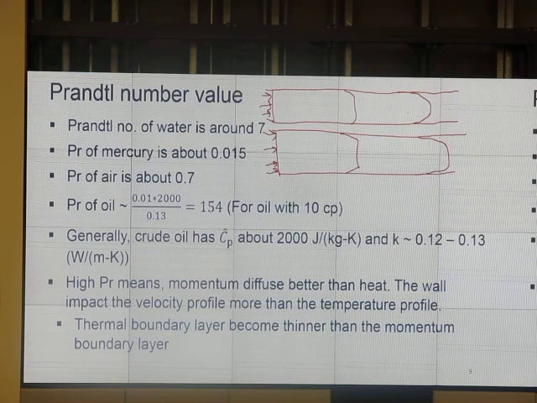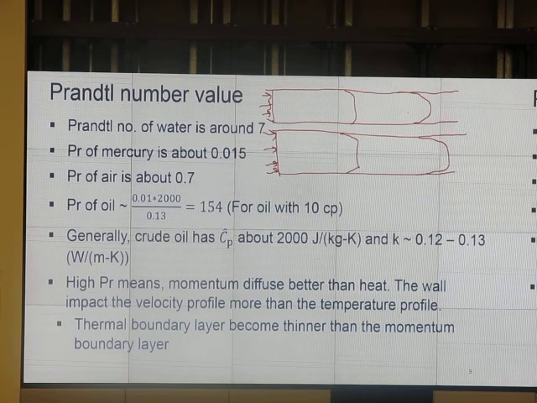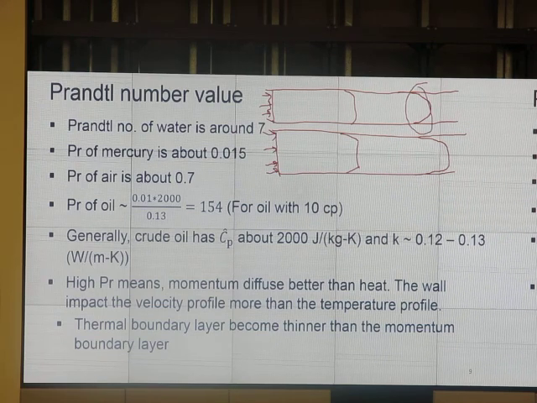Okay? Yes, it is important, especially in the lab. For the case of field, when your pipe length is a lot longer than the pipe diameter, you may just assume fully developed flow. Okay, no worry about developing flow.